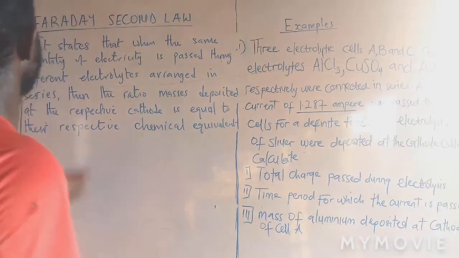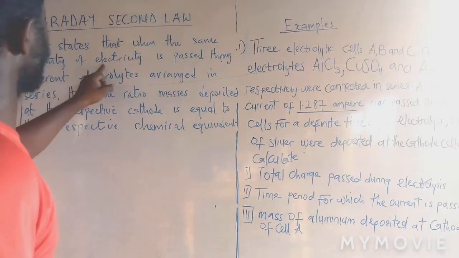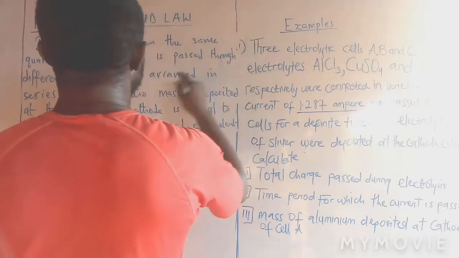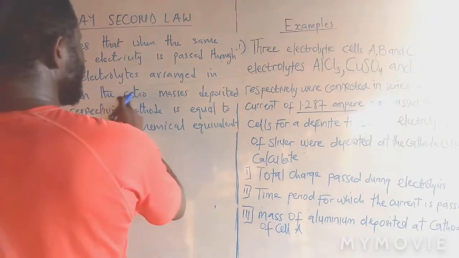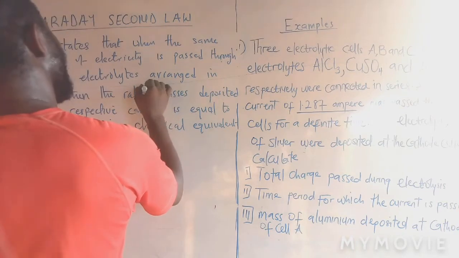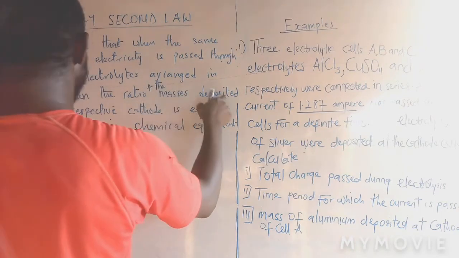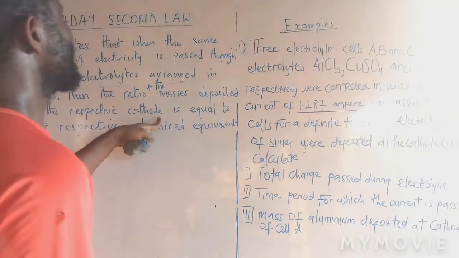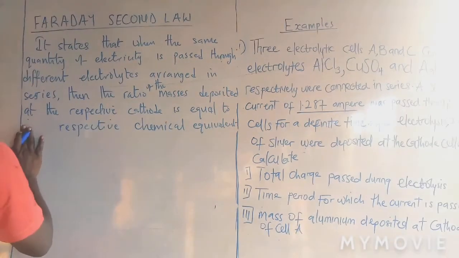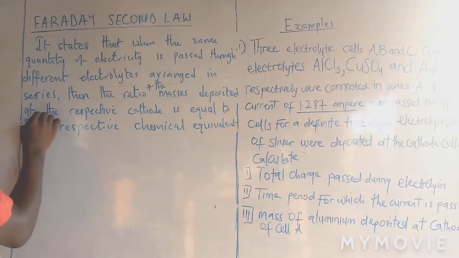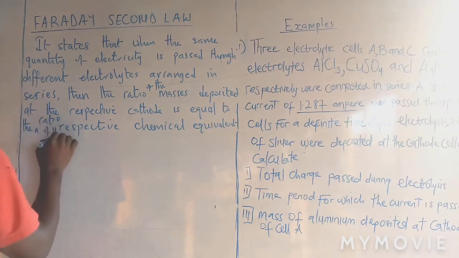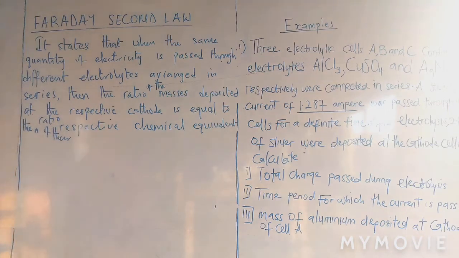According to this law, it states that when the same quantity of electricity is passed through different electrolytes arranged in series, then the ratio of the masses deposited at the respective cathode is equal to the ratio of their respective chemical equivalent.